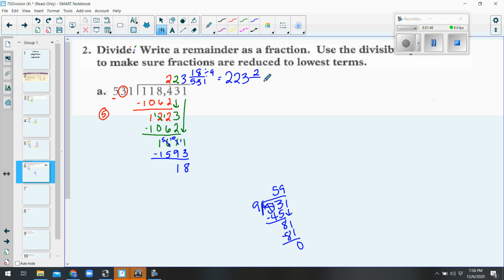So this reduces to 223 and 2/59. So here's my answer. You can check it if you need to, but remember when you check, you'll add back that remainder of 2, and when you multiply, you should get the dividend inside this house right here.